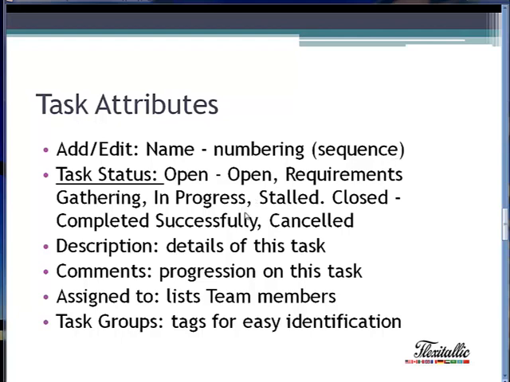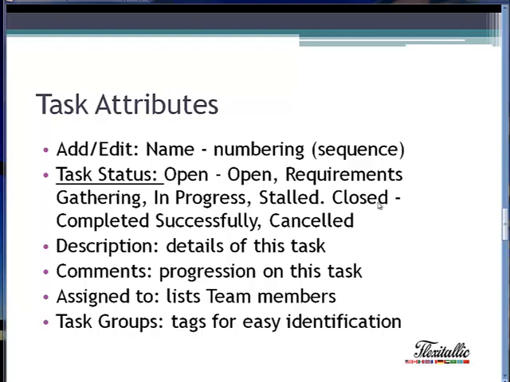With our tasks, we have created statuses that mimic the project level statuses. So a task can be open, or it can be in requirements gathering mode. A task could be in progress, or it could be stalled as an open task.